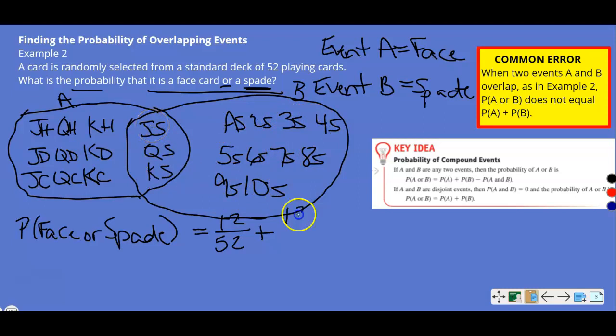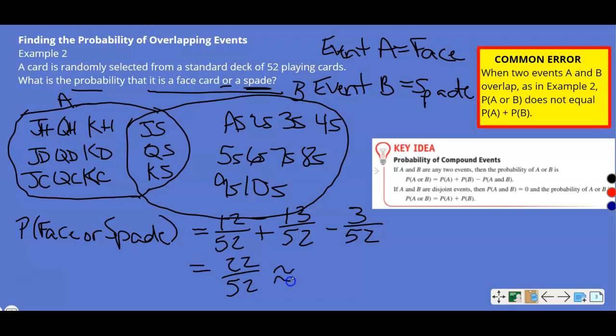So there's 13 out of 52 cards that are spades. So 12 face cards, 13 spades altogether. Now we have to subtract the part that are both spades and face cards. So that's going to be 3 out of 52. All right, so 12 and 13 is 25. 25 minus 3 is 22 over 52.